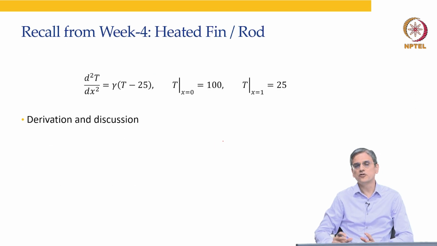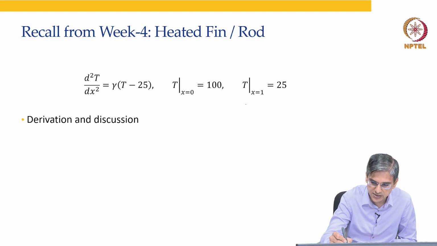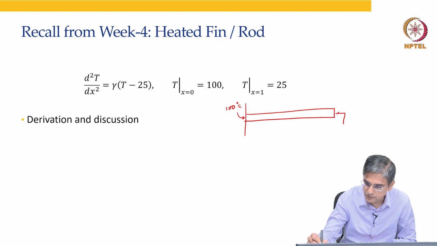For this, I will recap something that we had done in week number 4. We had talked about a heated fin or a heated rod. Let's say we have a rod like this. This end is kept at 100 degrees Celsius. This end is kept at 25 degrees Celsius.